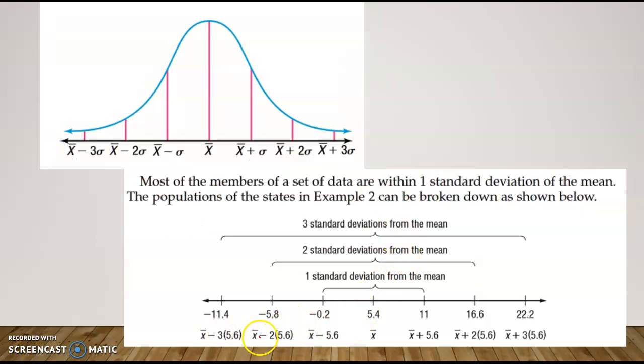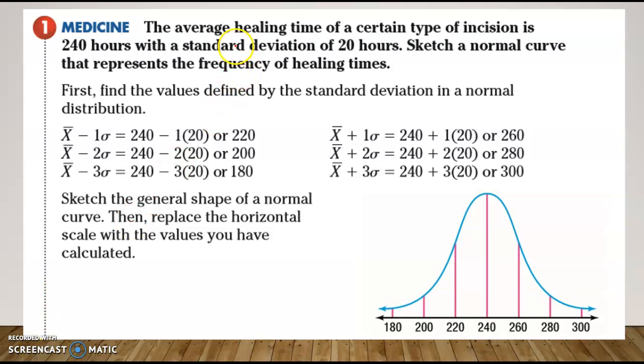But here we go. Explain exactly what I just did. The average healing time of a certain type of incision is 240 hours with a standard deviation of 20. So you've got a mean of 240 and your standard deviation is 20.